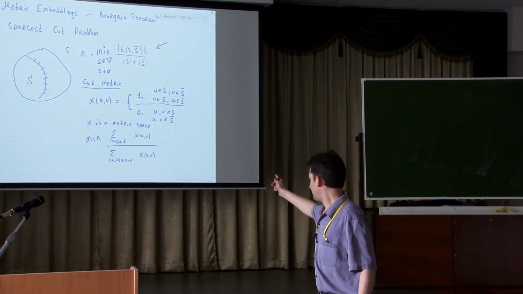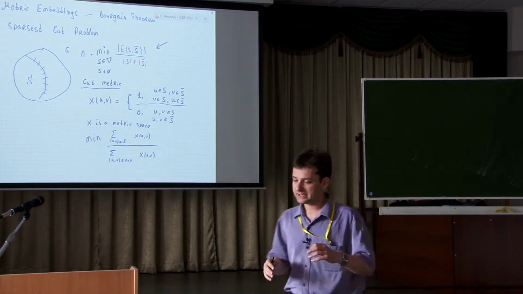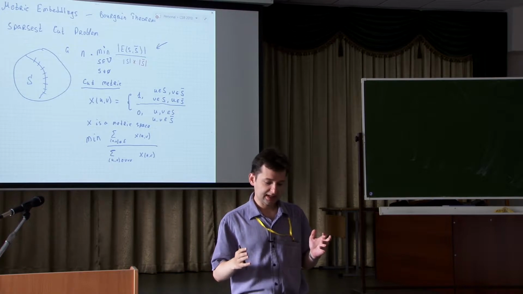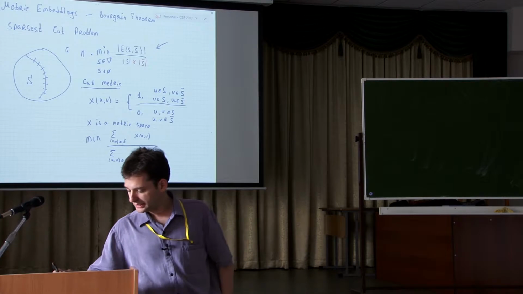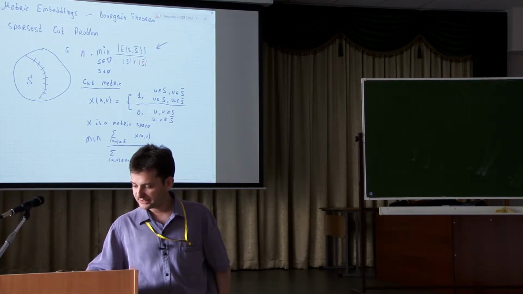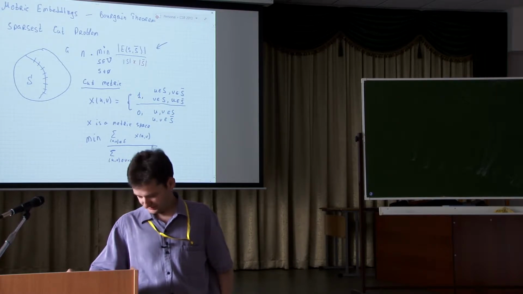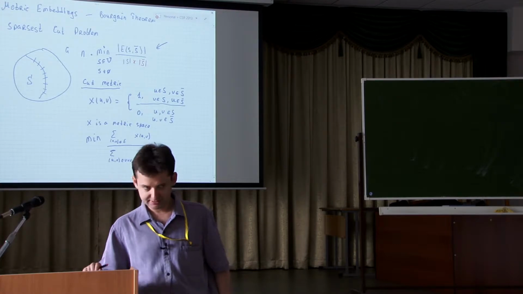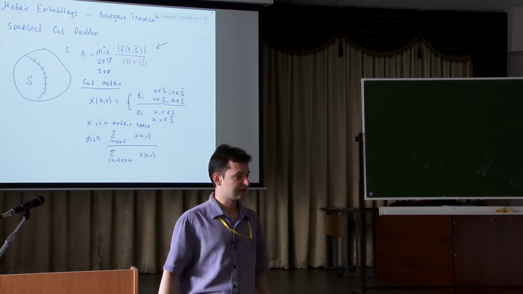So we sum up all lengths of edges in the graph and divide them by the sum over all pairs u, v of the distance x_uv, because the expression on the top is exactly equal to the number of edges going from S to S complement, and the expression on the bottom is exactly equal to the size of S times the size of S complement. Okay? Any questions so far? Clarifications about the cut metric?